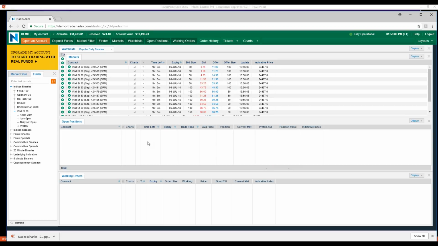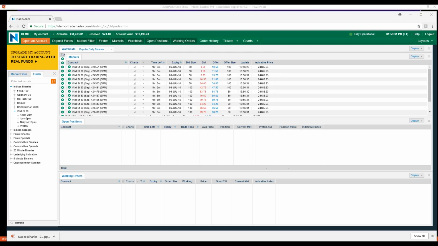Okay. So when I bought this, notice everybody real quick. You see my balance right here? My demo balance? 31,423.01. Can everybody see that? Yeah? Okay.